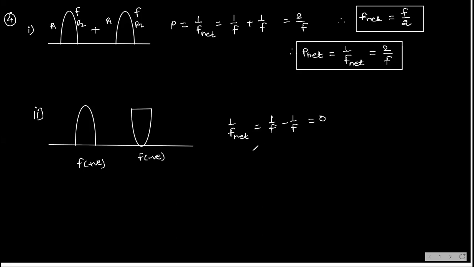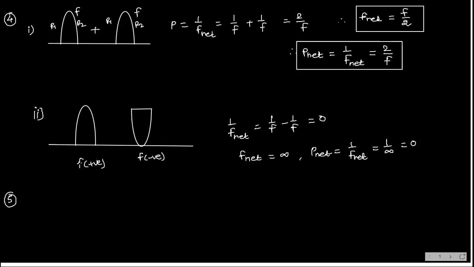And therefore, F net is equal to infinity, and P net is equal to 1 by F net, which is equal to 1 by infinity, which is equal to 0. So for this case, you are having net power equal to 0. Next note point, that is number 5.